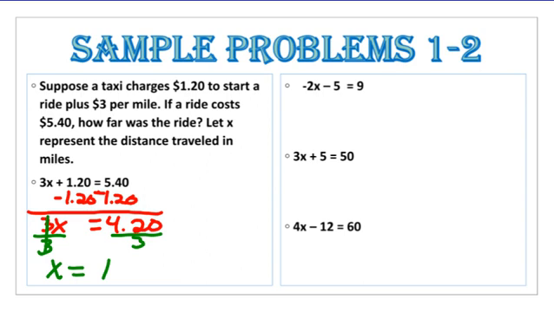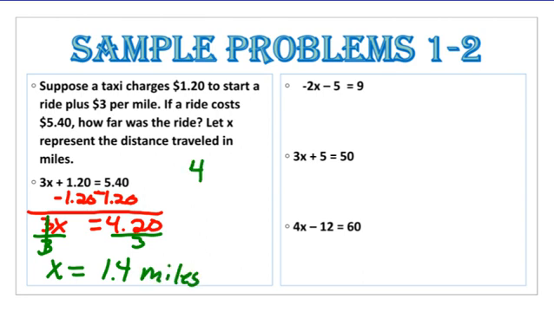You have 12, so 3 goes into 12 4 times. And I have to have my decimal point in there. So I would have gone 1.4 miles.